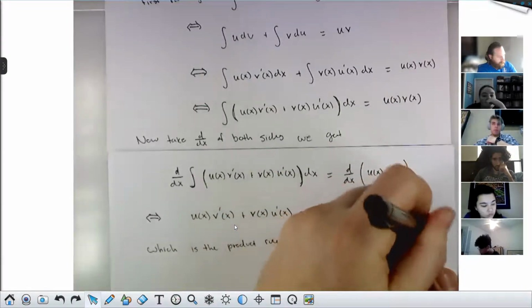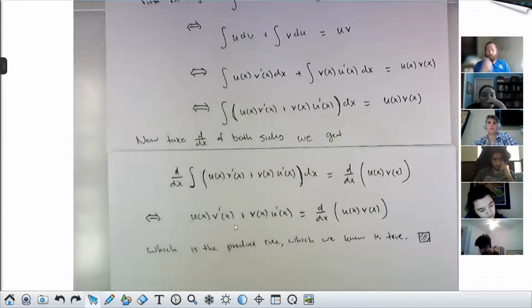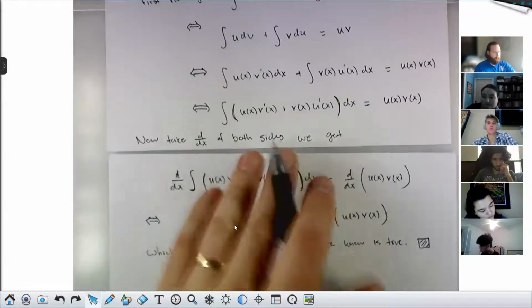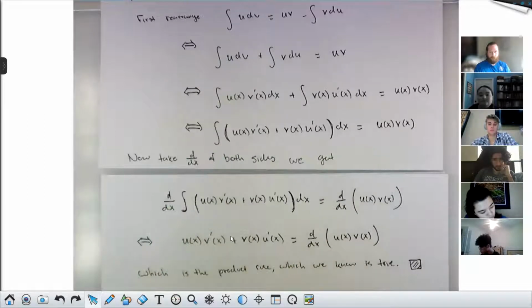And we know that the product rule is a true statement. Right? So my integration by parts formula is logically equivalent to the product rule. That's what these double arrows mean, right? It means logically equivalent to, or is the same as.